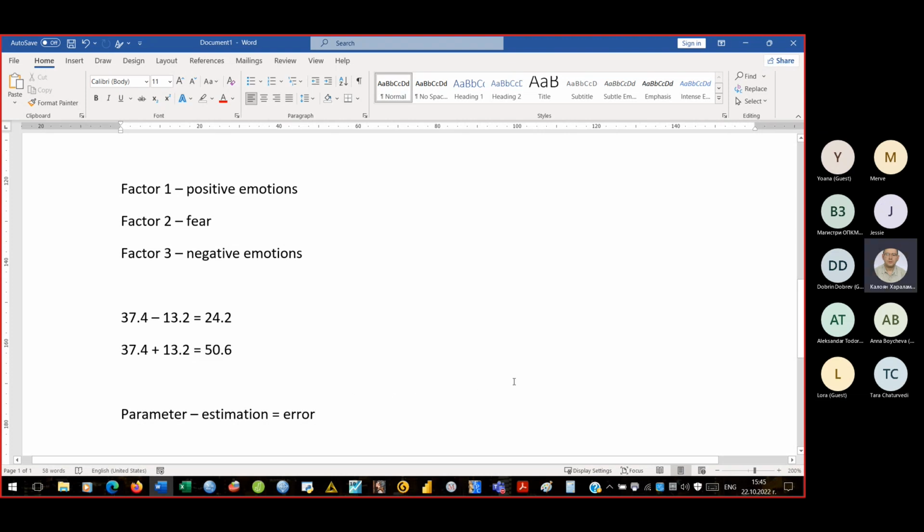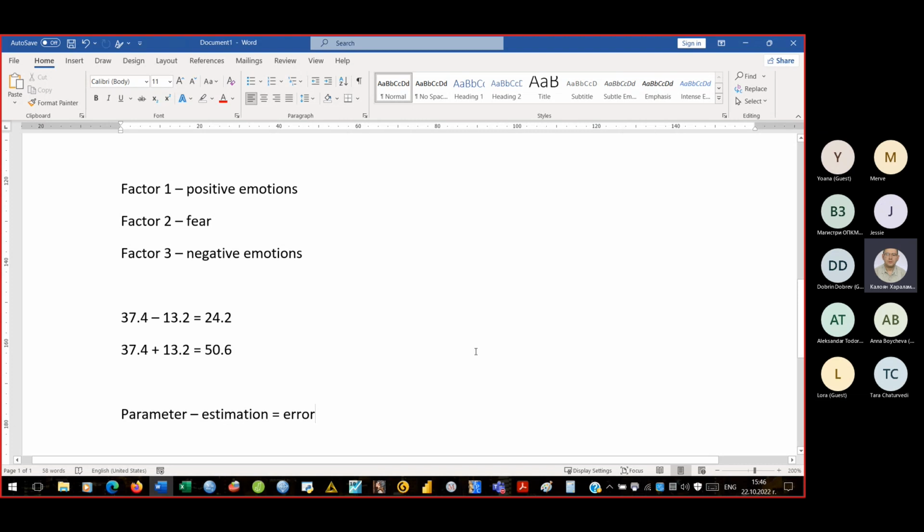And this leads us to the next topic, to the topic of hypothesis testing, because when we test statistical hypotheses, we want to know whether the differences are within the errors, or the differences are larger than errors.